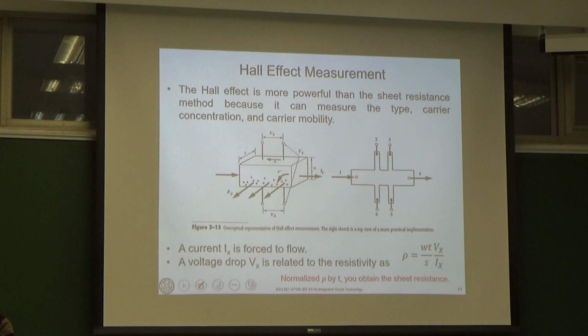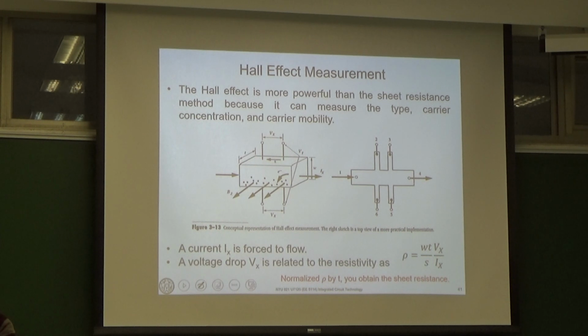Okay, and the third very important measurement we call the Hall effect measurement, or Hall measurement. This Hall measurement is very powerful and is commonly used today to characterize the material that you grow. It can provide the type, which means whether electrons or holes conduct your current.